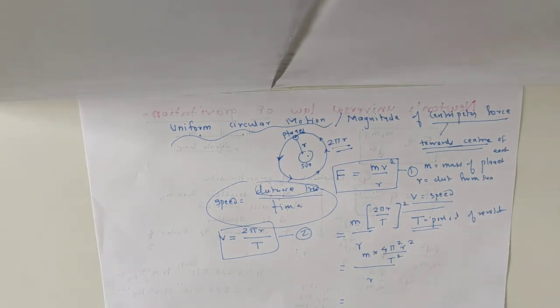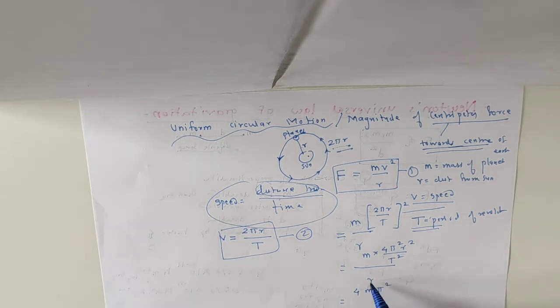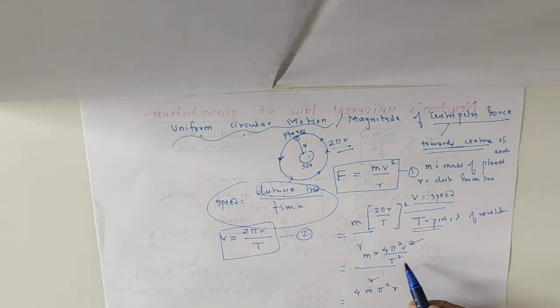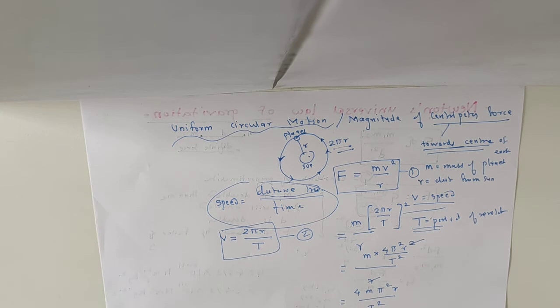By simplification, we can write 4 m pi square, this r and this one r cancel, only one r remains, divided by T square. Now, this is the force.